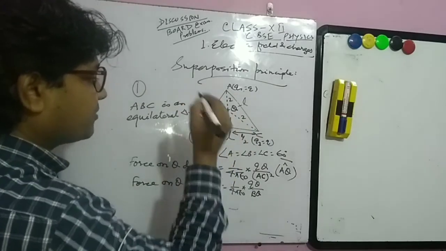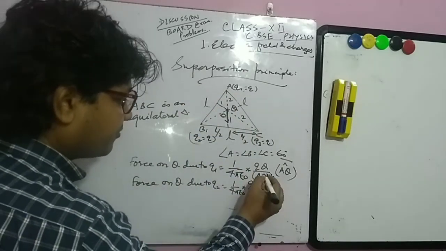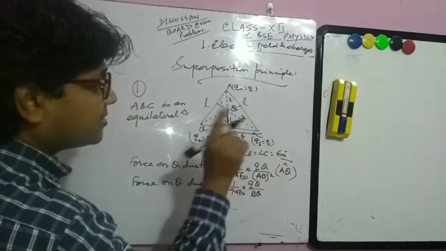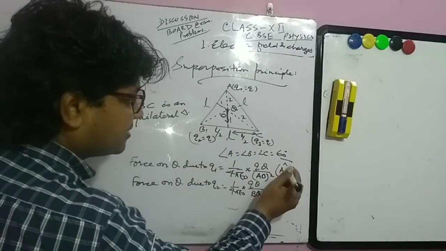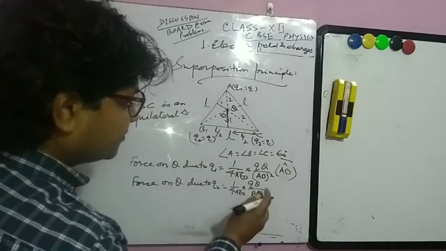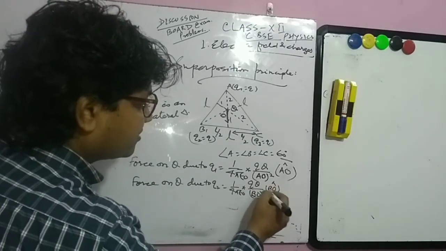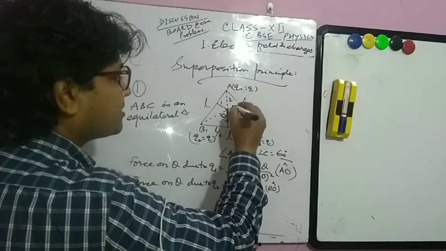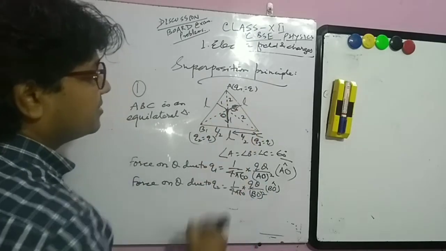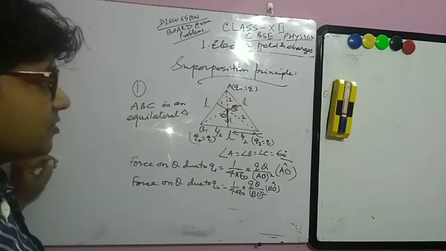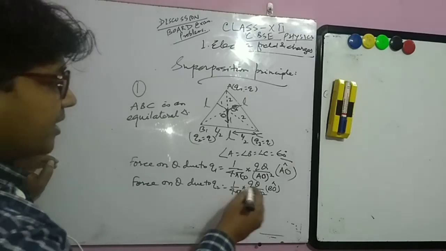We can take O as the point, that will be quite better, because C is a vertex only.